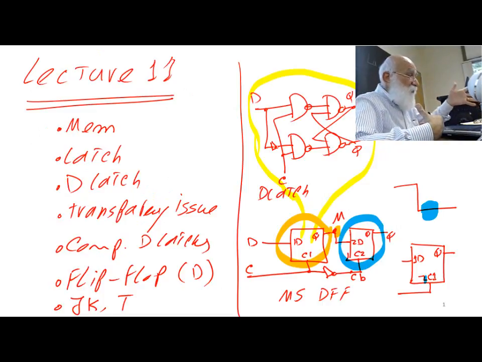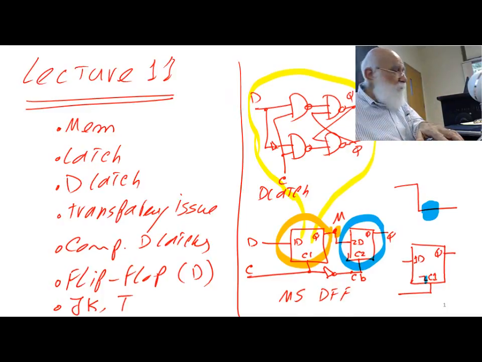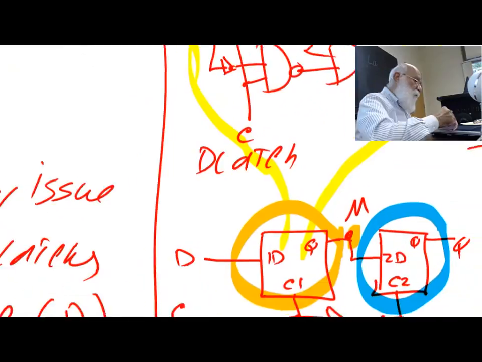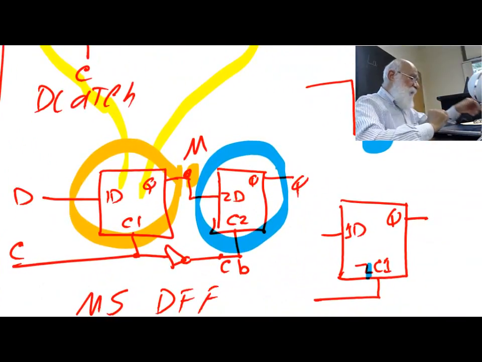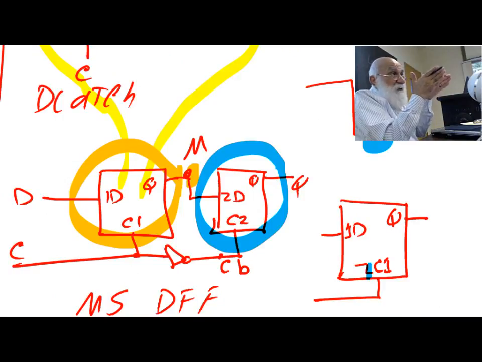Okay, on the orange side, D has to propagate through the left latch. Right? On the positive side of the clock, it has to propagate through the left latch, which means that it does need some propagation delay. Okay, I will not be able to pick up M until that propagation is complete.